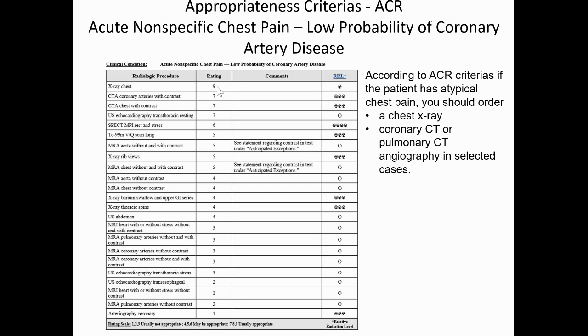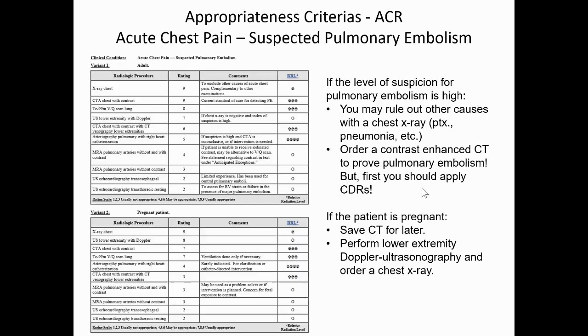If the number after the imaging technique is between 7 and 9, then that's appropriate. If it's 1 to 3, then it's usually not appropriate. For acute non-specific chest pain, a chest X-ray would be appropriate, or CT angiography would be appropriate.